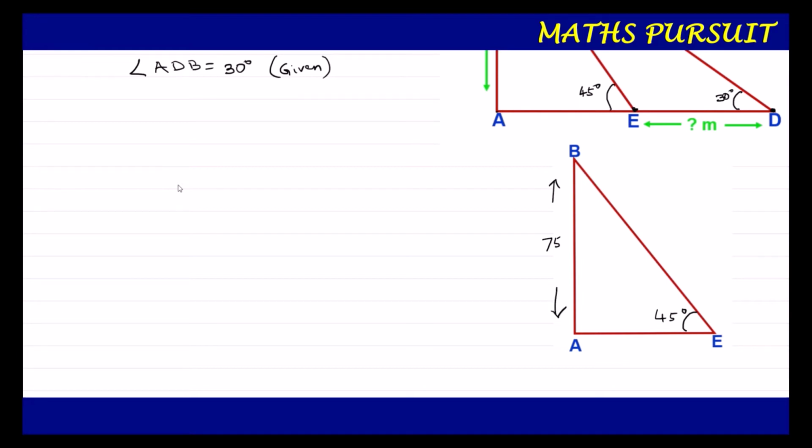Now let us focus our attention on this triangle AEB. Let us apply the trigonometric identity of tan theta here. Tan theta is equal to AB upon AE.